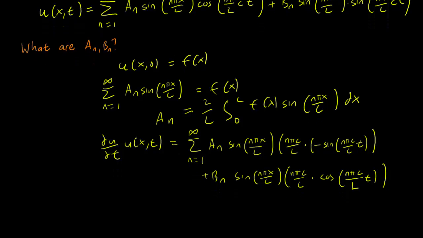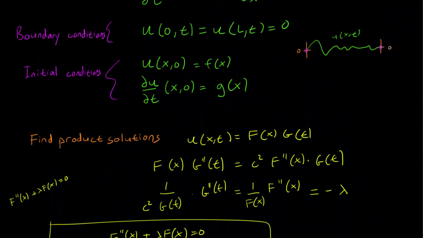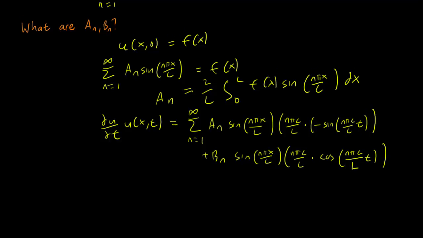That's our derivative, and our initial condition is of the derivative with respect to time at t equals 0. So this should be just partial t u(x,0), plugging in 0 here.